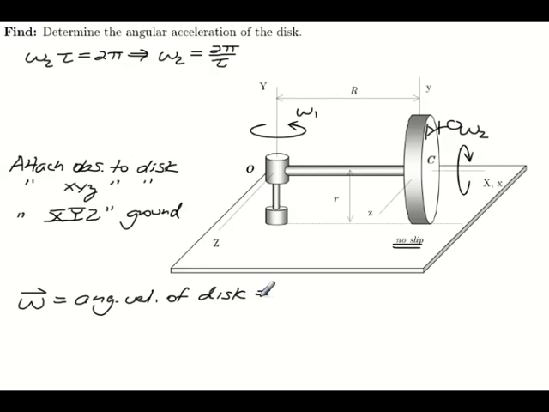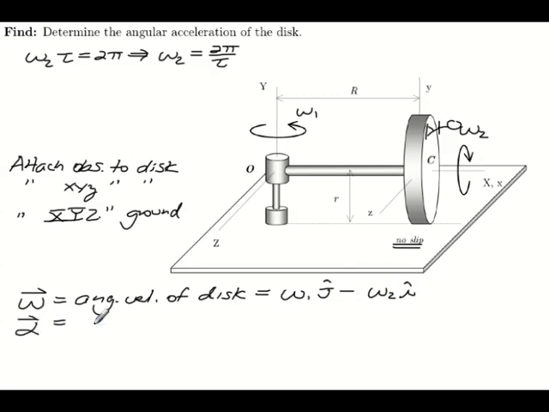So since omega 1 is about this fixed axis of big J, and omega 2 is a rotation about this moving axis of i, and if you look at it by the right hand rule, that says that omega 2 must be in the negative x, like that.